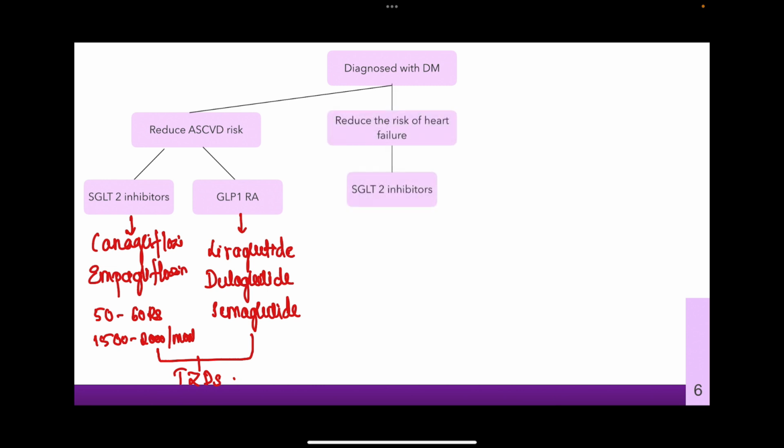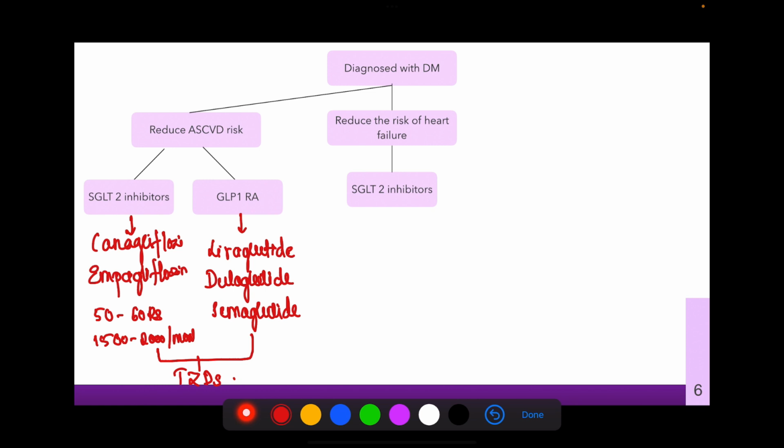Now, if your goal is to reduce the risk of heart failure, imagine a patient has diabetes and he has had hypertension for so many years. Then you can use SGLT2 inhibitors. They can reduce the risk of heart failure also.